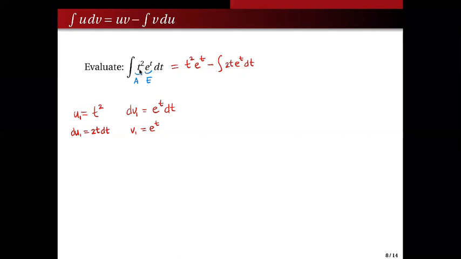But notice, from power 2, it became power 1. So this guy is easier to integrate than this guy because you are reducing the power of t, particularly of the polynomial.